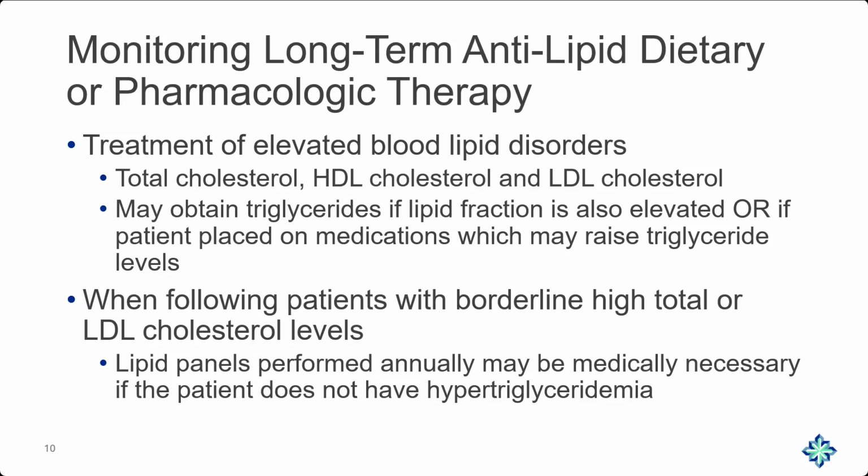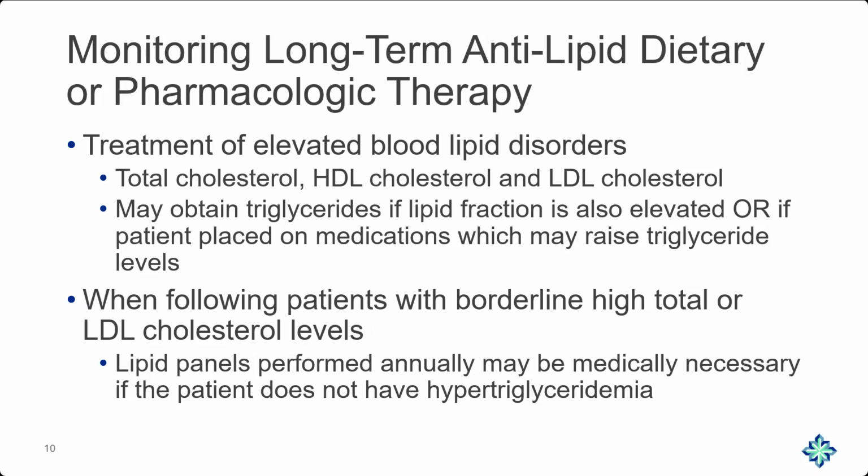So when you're monitoring the long-term anti-lipid dietary or pharmacologic therapy, and when following a patient with a borderline high or LDL cholesterol, it may be reasonable to perform the lipid panel annually.